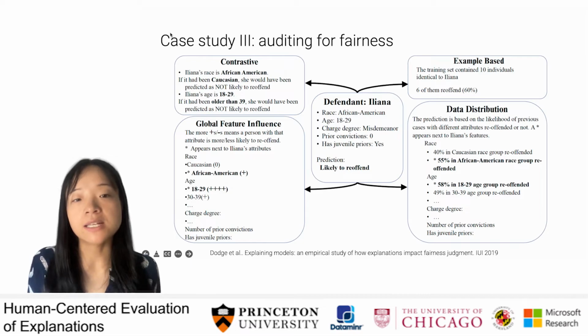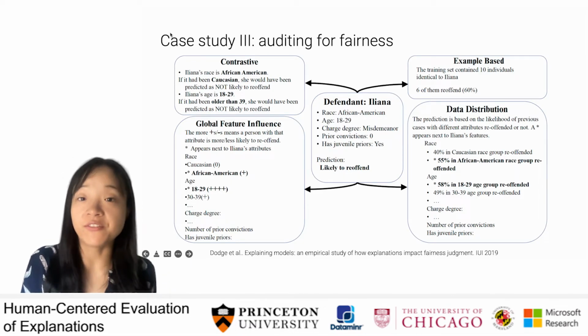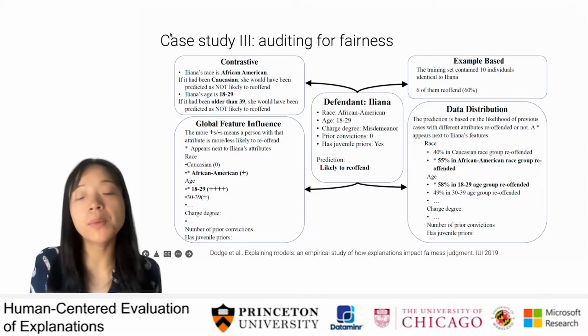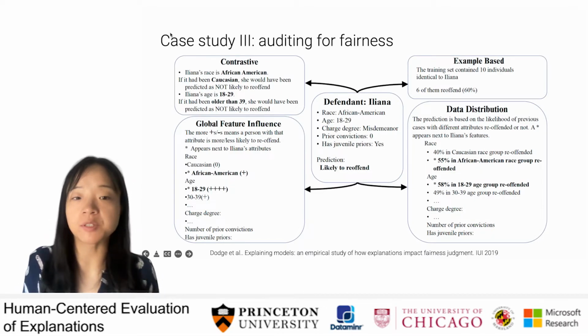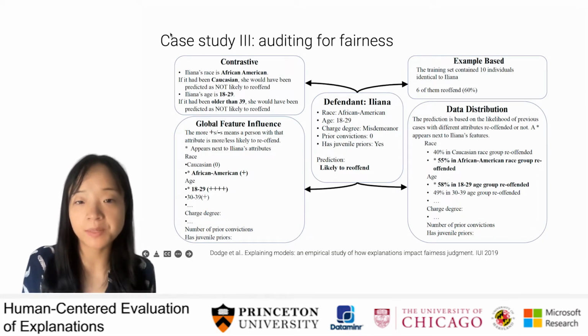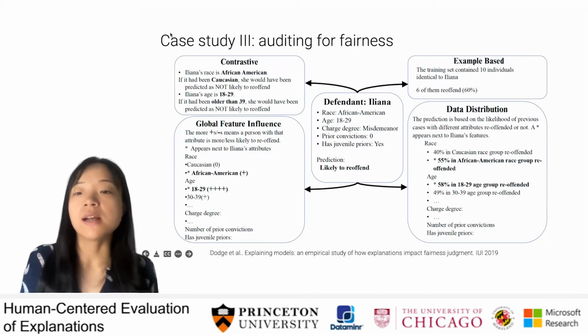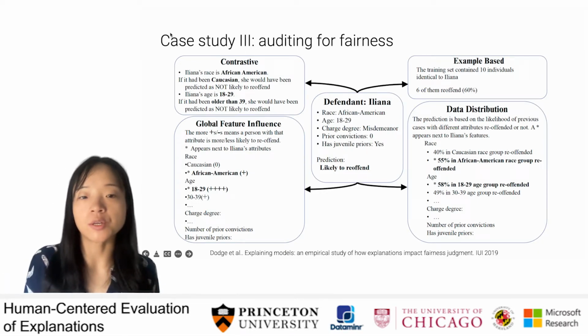We conducted a study asking participants to audit if the model is fair or not. We compare the effectiveness of 4 types of explanation: contrastive, which is a type of counterfactual explanation, example-based, global feature importance, and data distribution-based explanation.